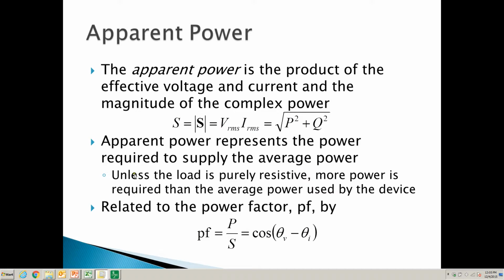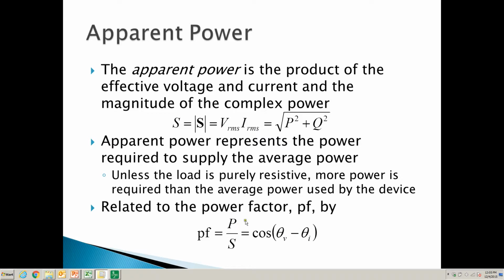And this apparent power is related to the power factor, which again is the cosine of the phase angle difference, by the following relationship. The power factor is also defined by the real power, P, divided by the apparent power.